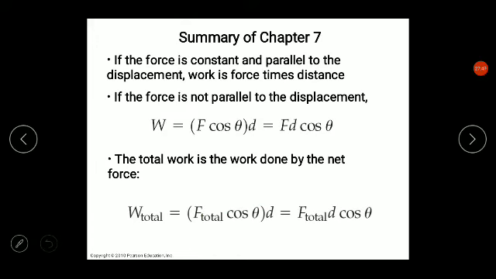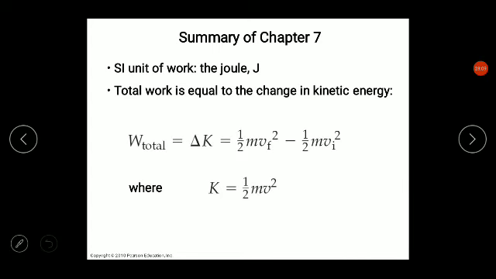Okay, so for this summary, you have here the equation for the work. Work is a scalar quantity. If there are multiple forces acting on the system, just take the total force. Then also the unit of work is the joule.